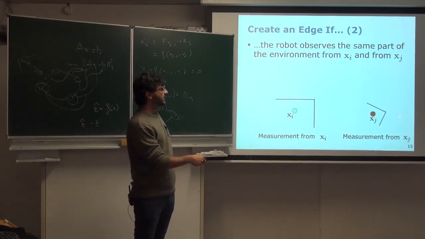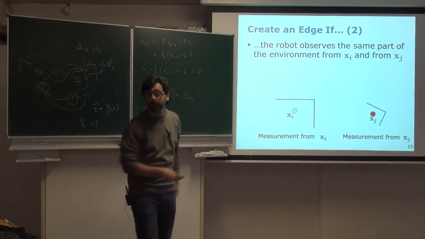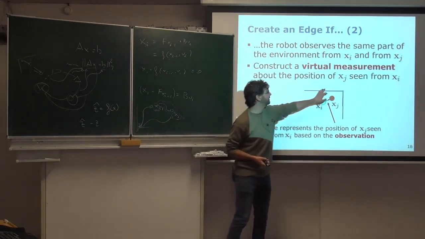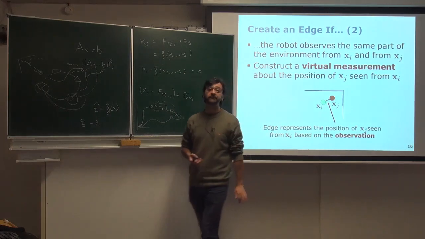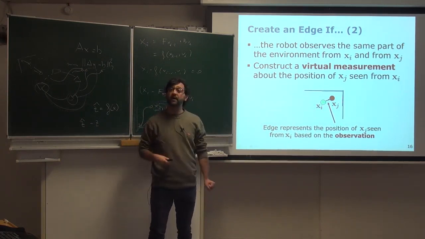The robot at xj also sees the corner of the wall, but from a different location, so if we put them together, it will be somehow around here. When we do a scan matching, we can actually align these two sensor data, and this creates a virtual measurement of the position of xj seen from xi.